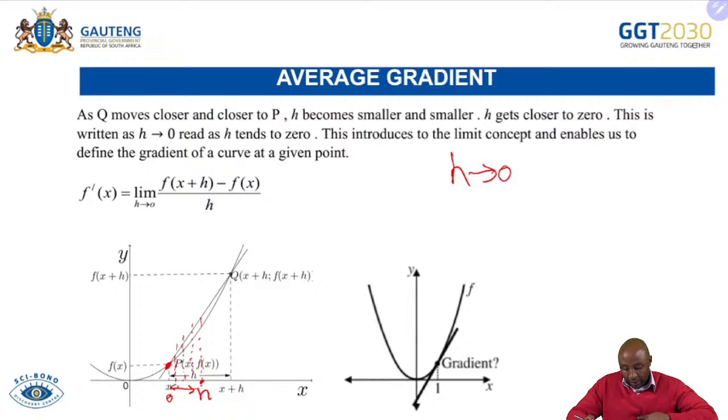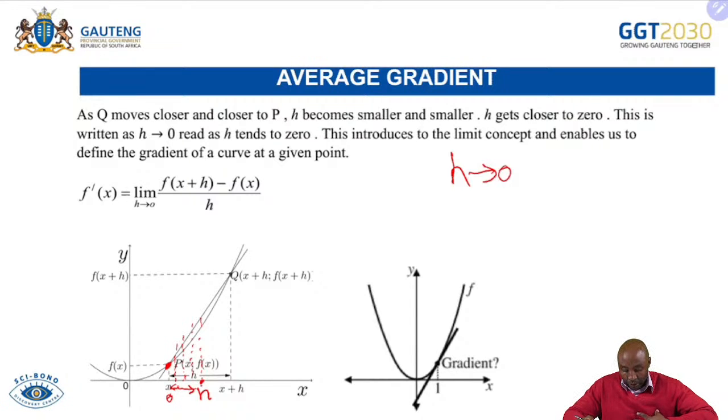Now, if you check on this side, I have given an illustration that, for example, if our x value at point P is 1, it means now we are able to find the gradient at point P where our x value is 1.